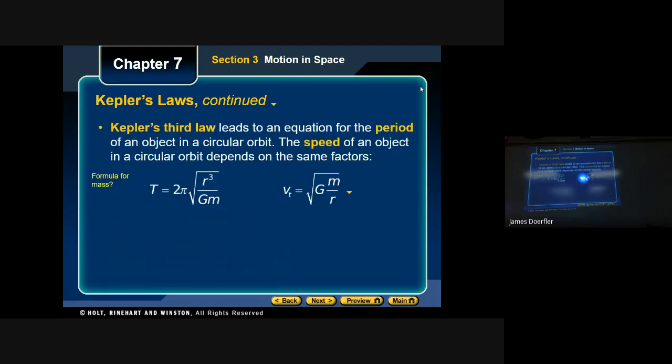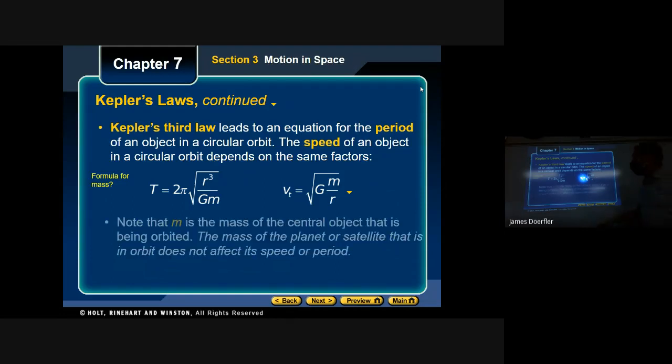This third law also leads to an equation for the period of an object in circular orbit. The speed of an object in circular orbit depends on the same factors. Again, M in both of these is still the central object being orbited. The mass of the planet or satellite that is in orbit does not affect its speed or period.